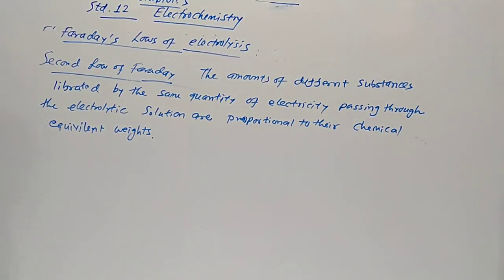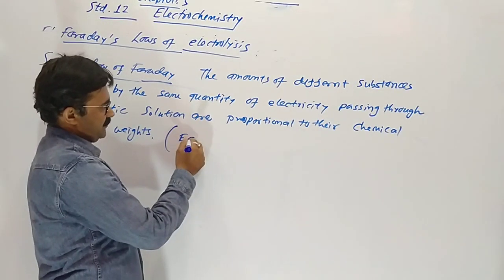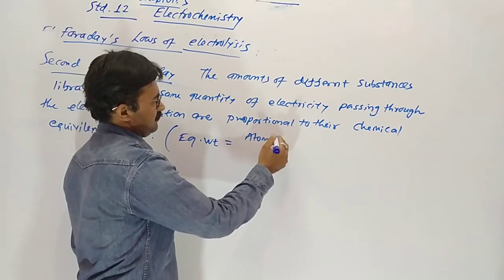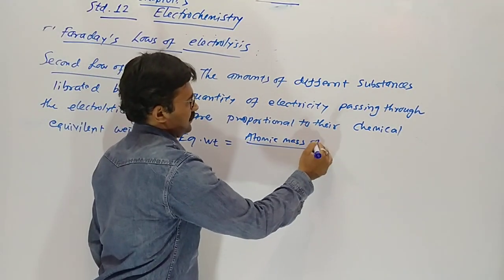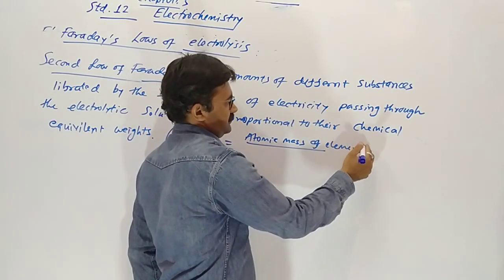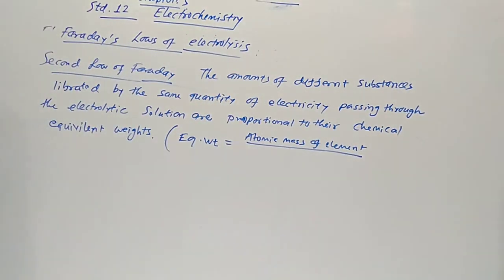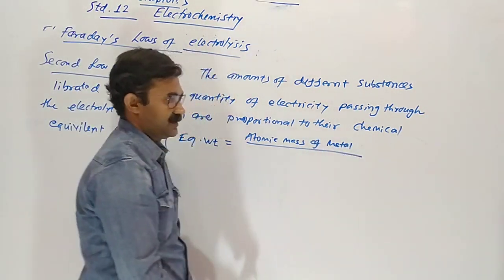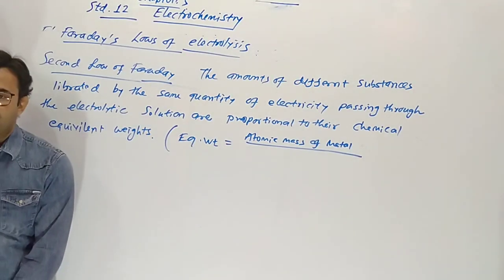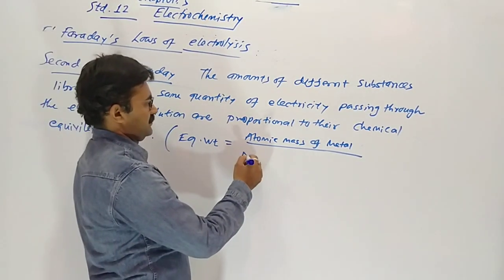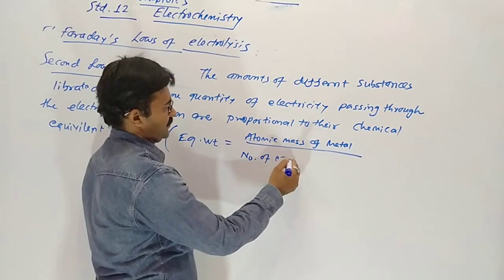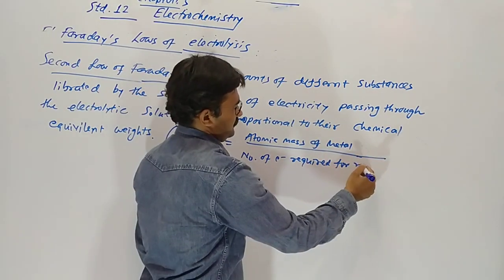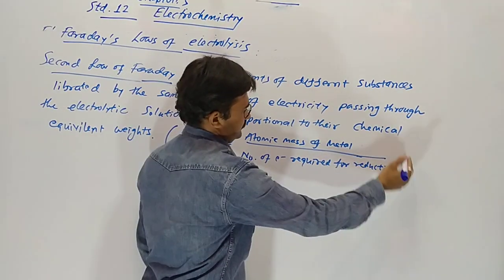Understood? Actually, what is equivalent? Equivalent weight is equal to the atomic mass of the substance, the element or metal, upon the number of electrons required for reduction.